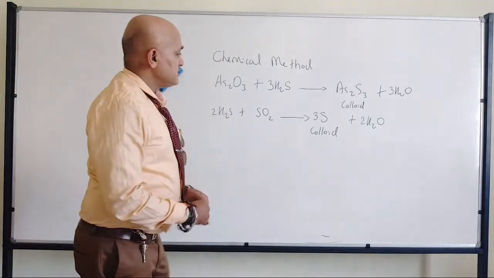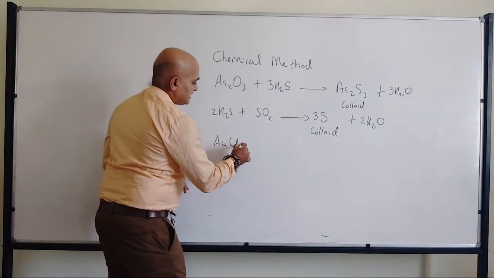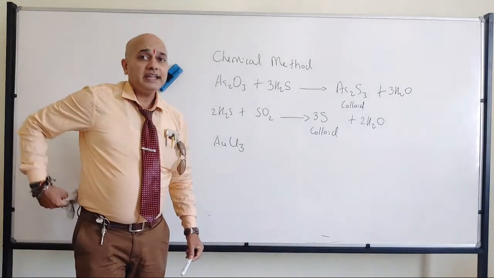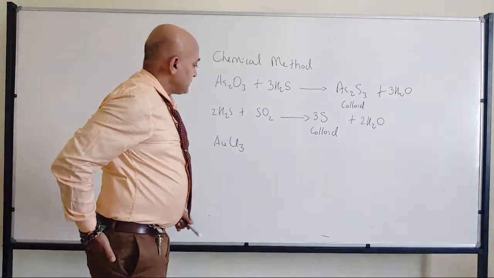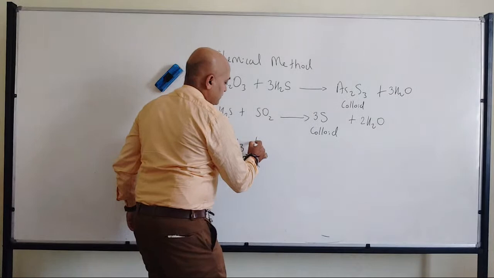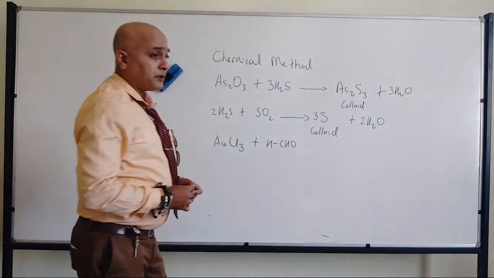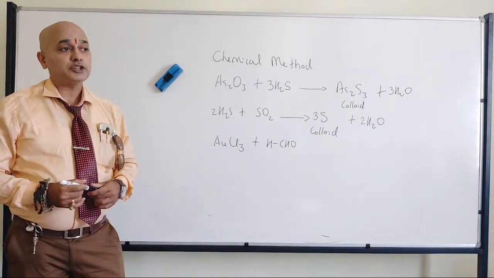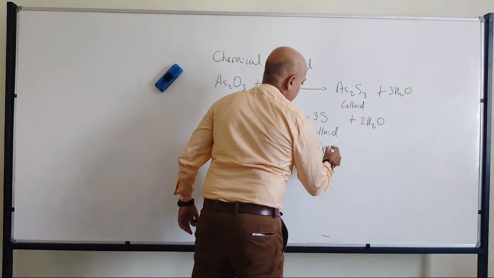Got my point? So same way we have AuCl3, auric chloride. We have AuCl3, that is nothing but auric chloride. When it is treated with formaldehyde, I am talking about the preparation of gold sol, in the presence of water.